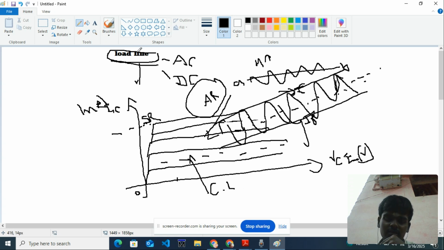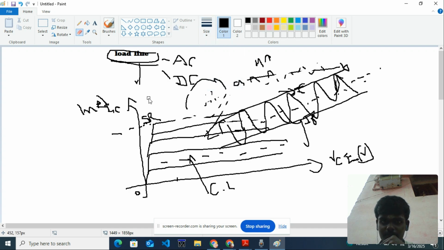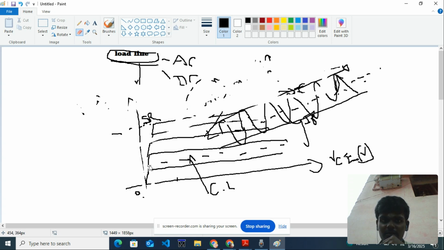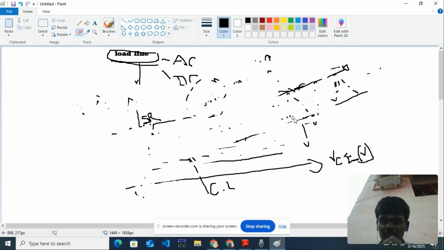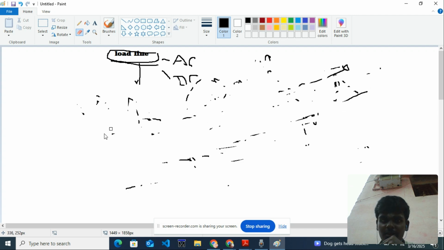Again, the second thing about the load line is the basics of the load line concept. Now you all know how the load line differs and its types.